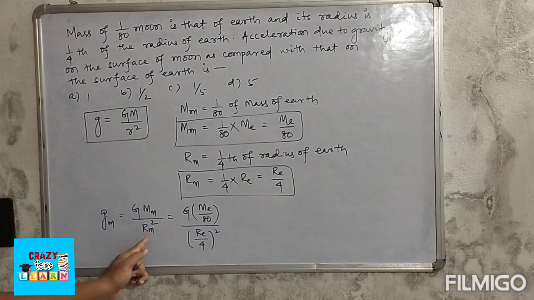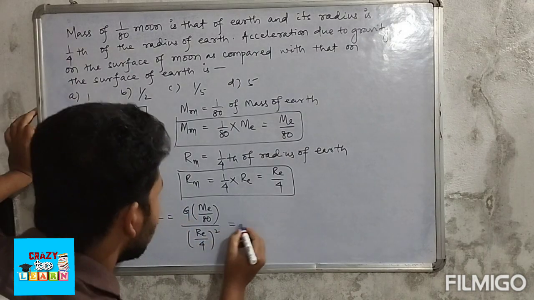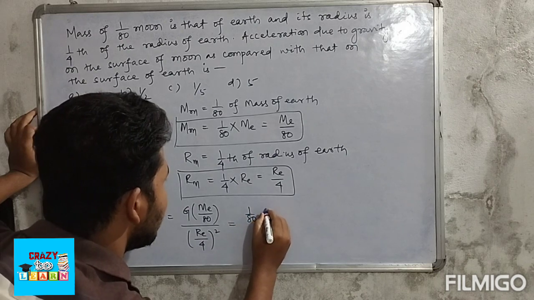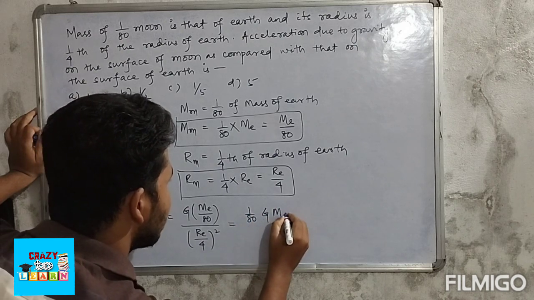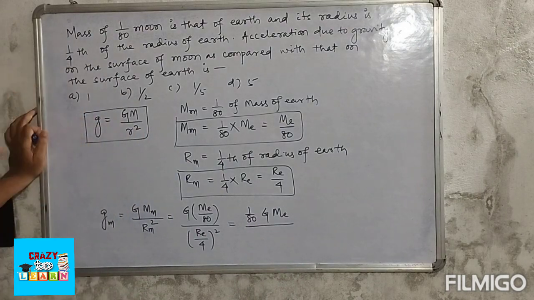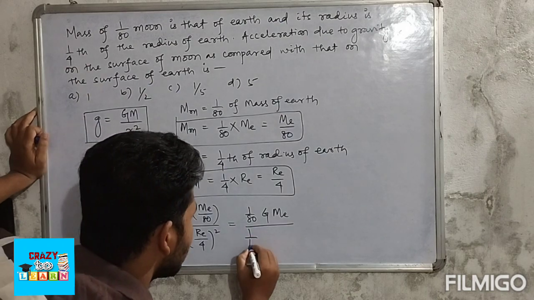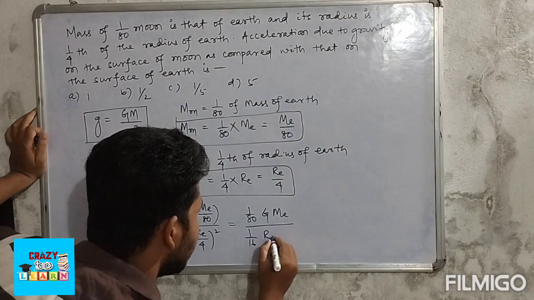So in the place of the radius of the moon I put the radius of the earth divided by 4, and in the place of the mass of the moon I replaced it with the mass of the earth divided by 80. So here take 1 by 80 out, then we will get capital G into the mass of the earth divided by 1 by 4 whole square, which is equal to 1 by 16, 1 by 16 radius of the earth square.